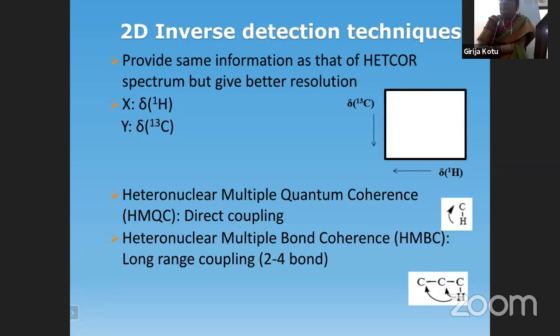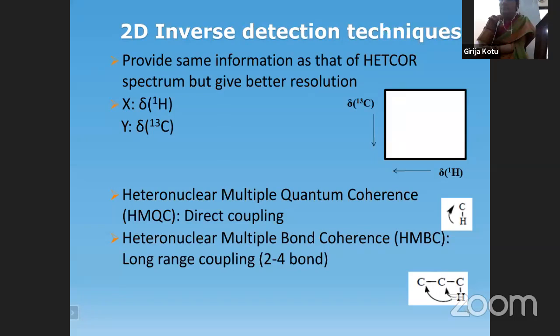And in 2D inverse techniques, what we are doing is trying to highlight or emphasize the more sensitive nucleus. This technique is aimed at the sensitive nucleus, so that its information is brought onto the x-axis, and the information which was seen on the x-axis is now moved to the y-axis. That means we are reversing, we are inversing the axis.